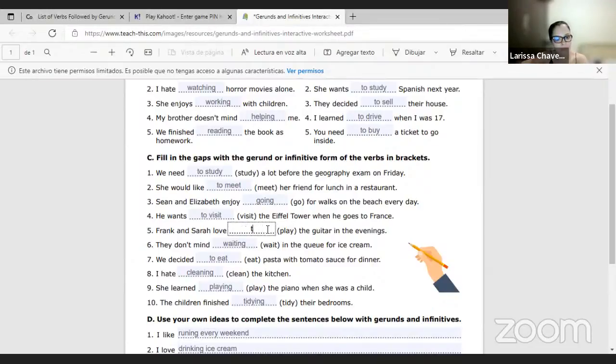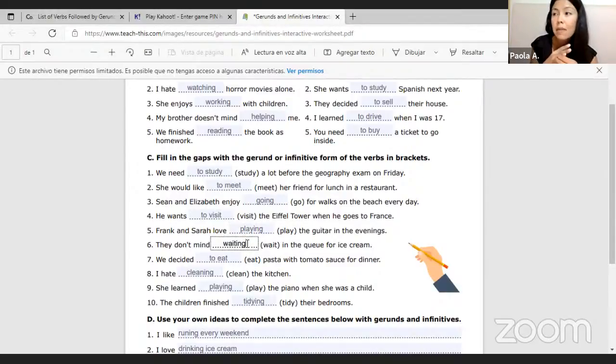For example, I love eating chocolate is general, right? I like running outside. Every time is general. These four verbs: hate, love, like, and prefer. When it's general, we use them with ing. So this one was correct.